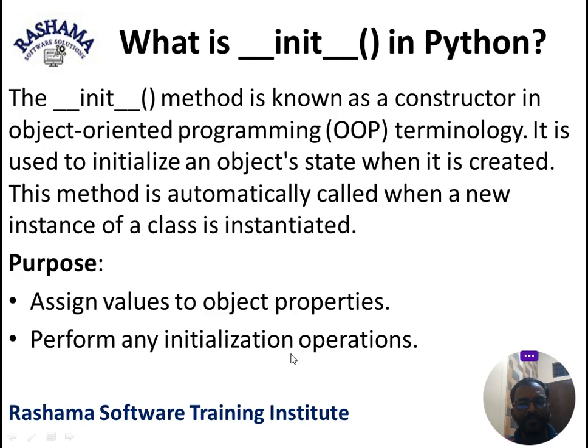That means when we create an object of a class, that is the time the init method is triggered. In the init method we can write a few more initialization operations, functions, while initializing the object of the class. Let's see a few more details about the init method.